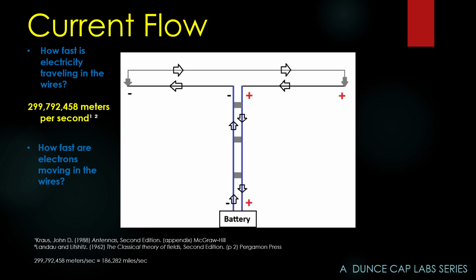This is where it starts to get a little bit weird, in that the electrons can travel anywhere from a few centimeters per second to 200 million meters per second. That's all dependent upon the formulas we would use to determine how much current is flowing past a certain point, how big is the wire, things like that. So you see, electricity is made of current flow, but electricity and current flow aren't exactly the same thing.